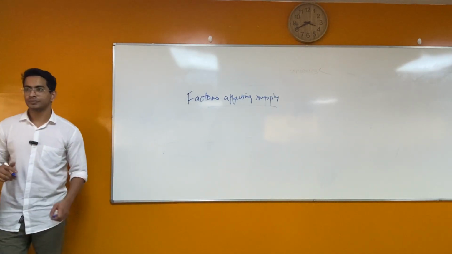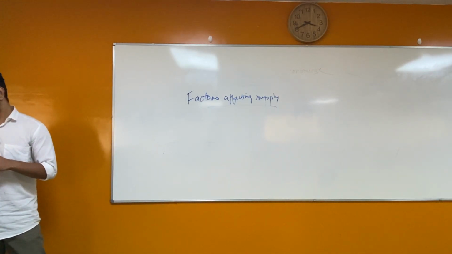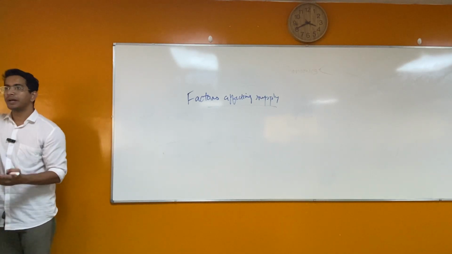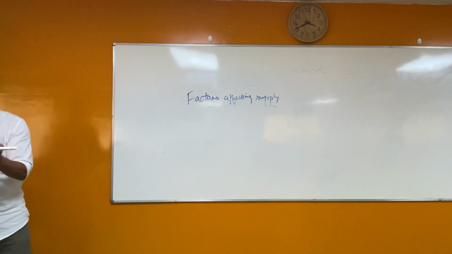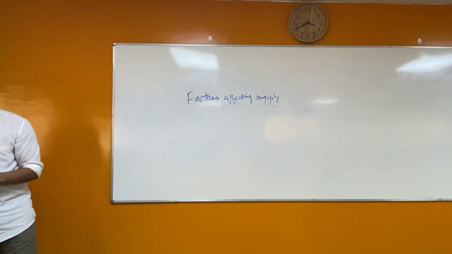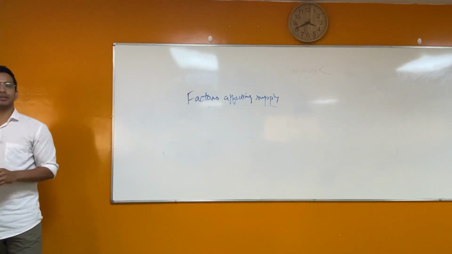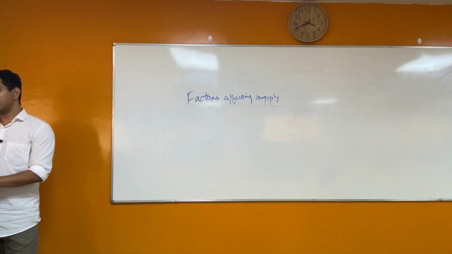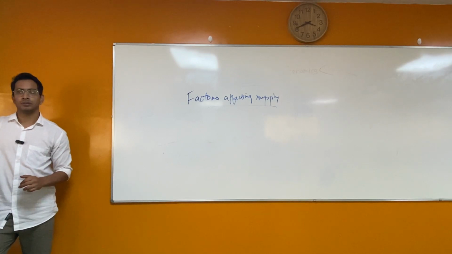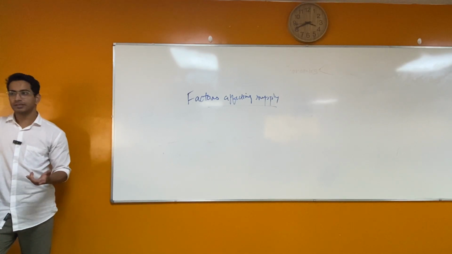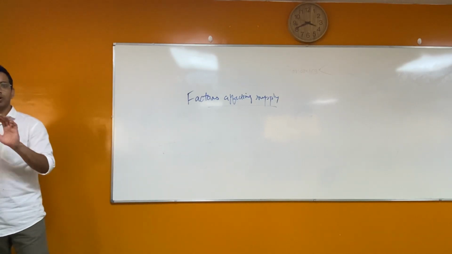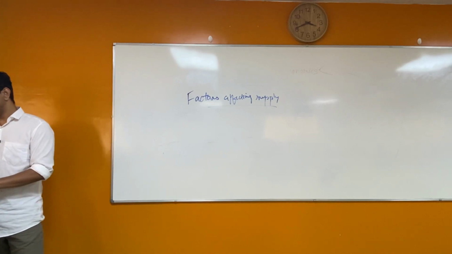First is technology. What will happen if technology improves? Supply will decrease or increase? Increase, so it is directly proportional. Next is input price. If input price increases, what will happen to supply? It will decrease, because the input price is increasing, the end product will be costlier. So the supply will decrease.